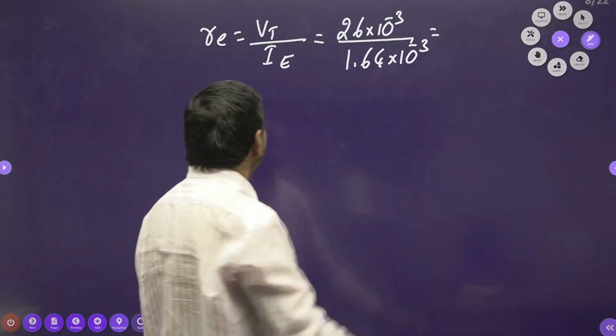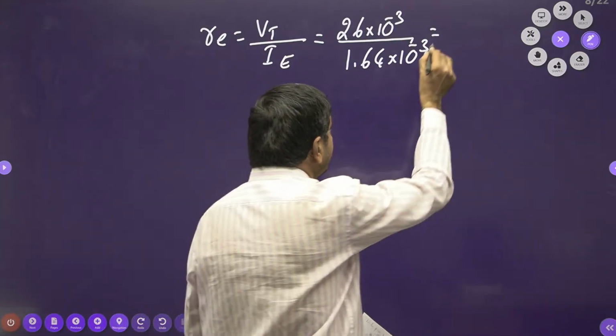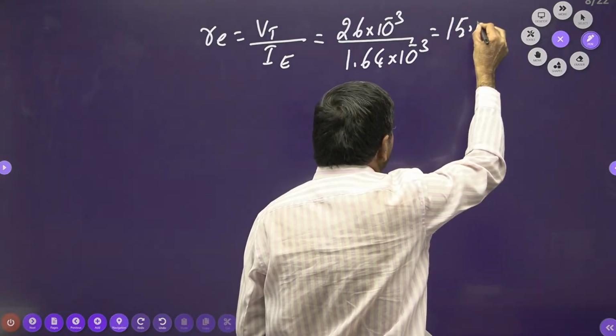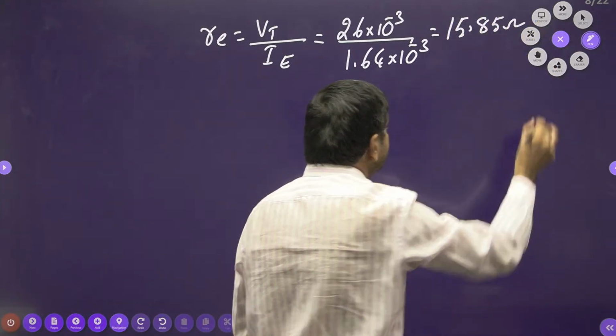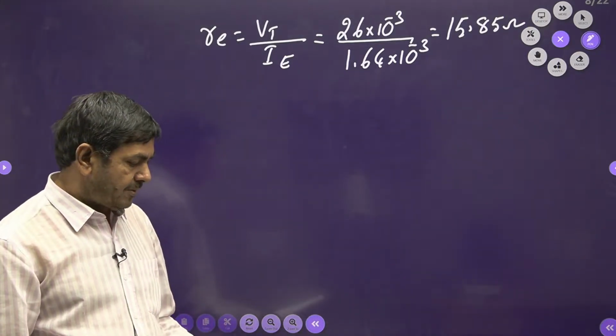If you use the calculator, that re comes as 15.85 ohms, not kilo, not mega, a very small value. That value is possible.